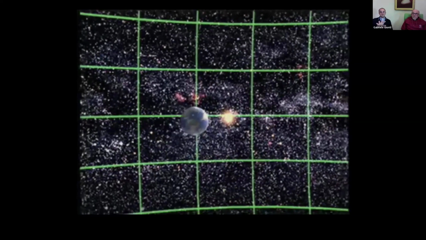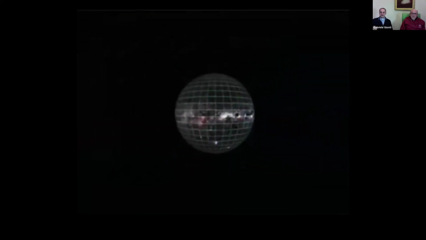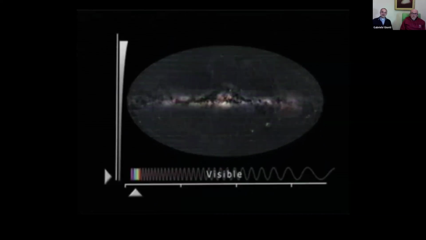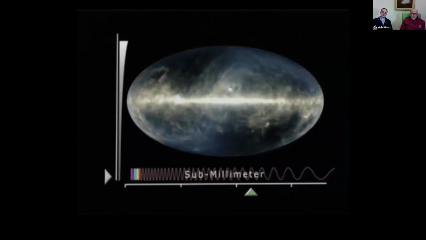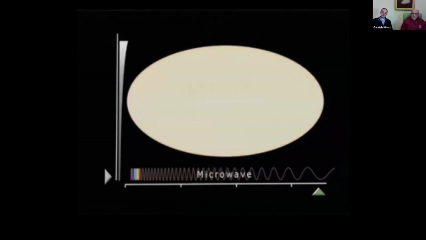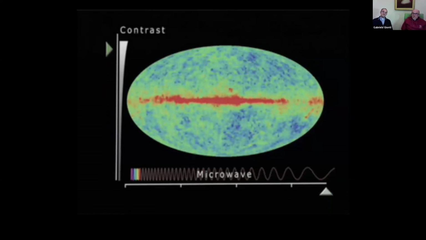You have Earth, you look all around the universe, you produce an all-sky map. This is the visible light, what we can see with our eyes. You change frequency, you go to the infrared and microwave, and you increase the contrast, and you can see the fluctuation. I think this is a nice animation made by ESA for Planck in order to explain more or less what this plot that I showed you is.